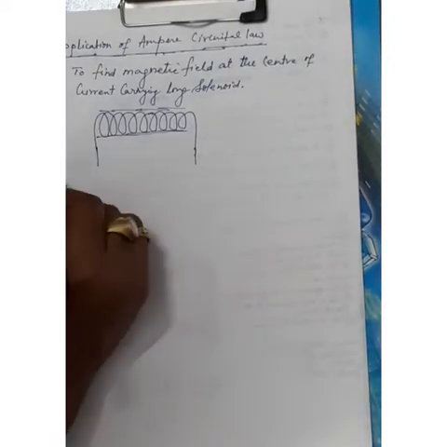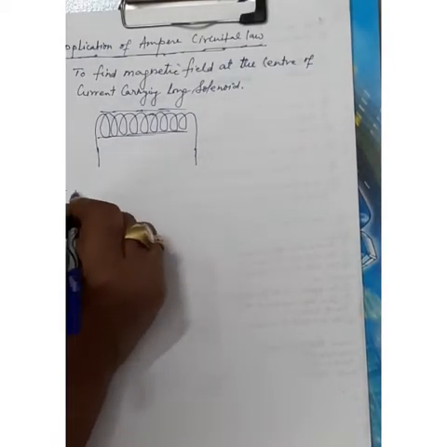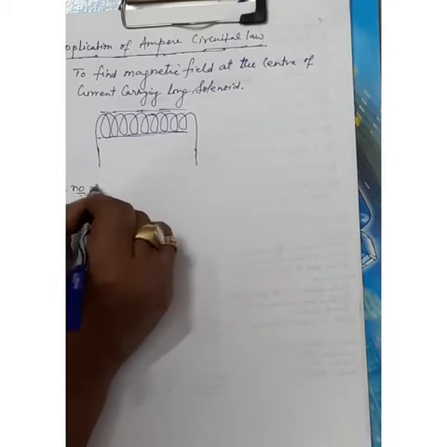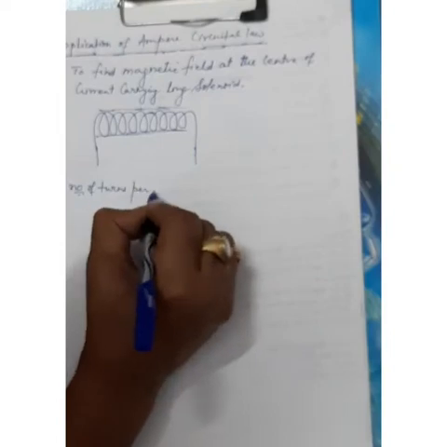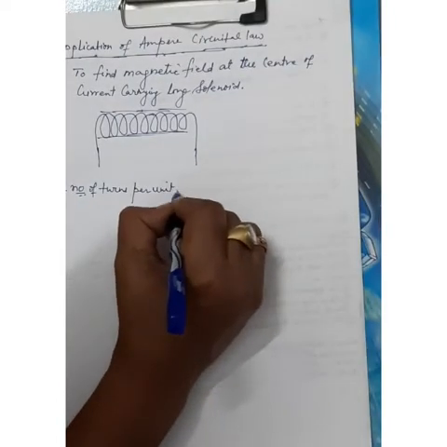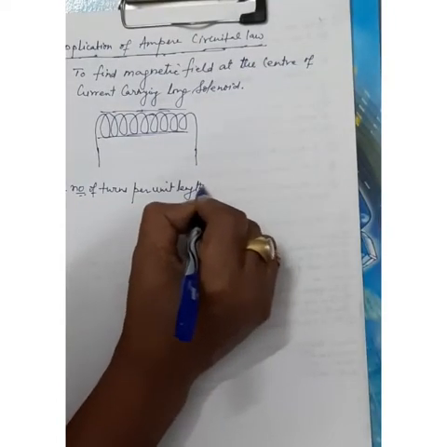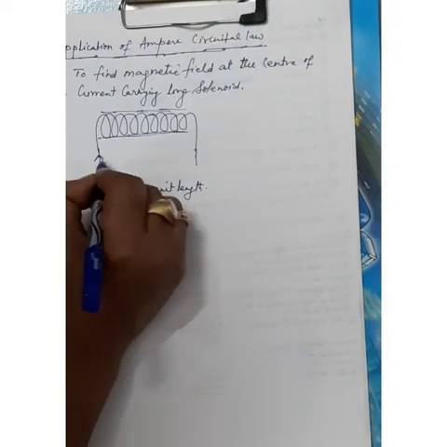And if small n is the number of turns per unit length, and I is the current.